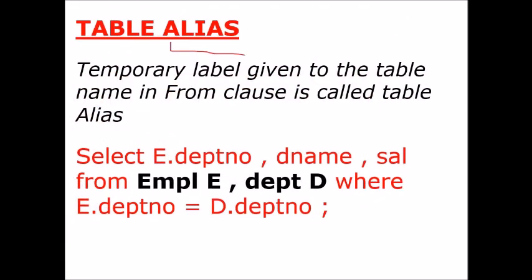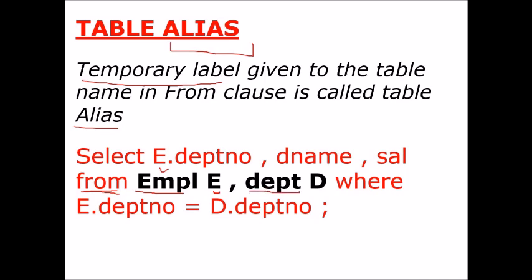Table alias means an alternative name given to the table. A temporary label, you can say, given to the table is known as an alias, and it is given in the from part. In the from part, this is the table name, and after the table name if you write any name, it is the alternative name or label name for this EMPL.